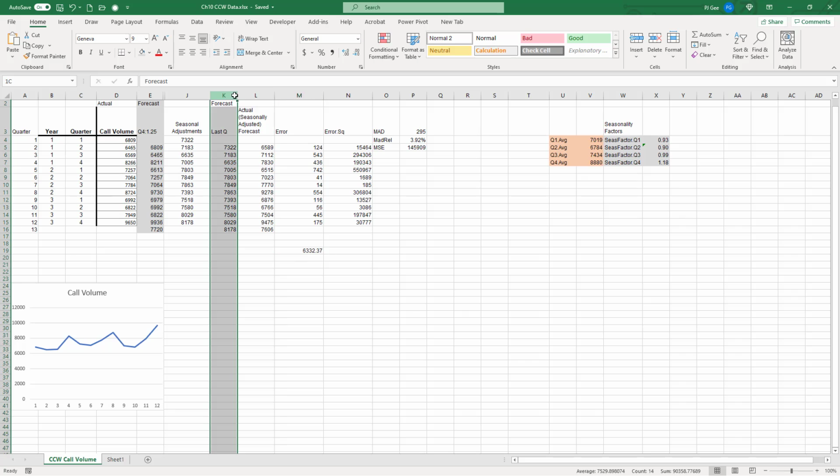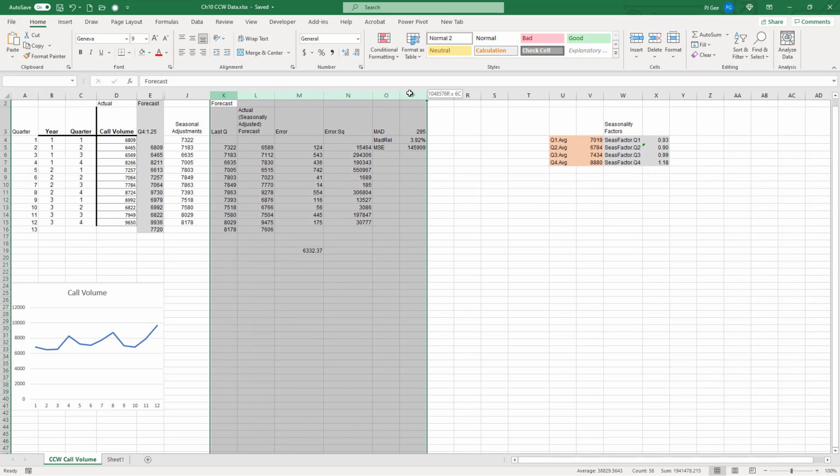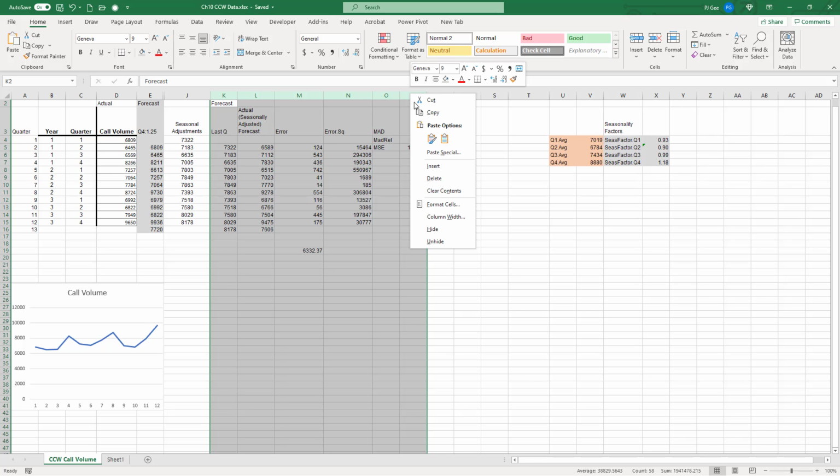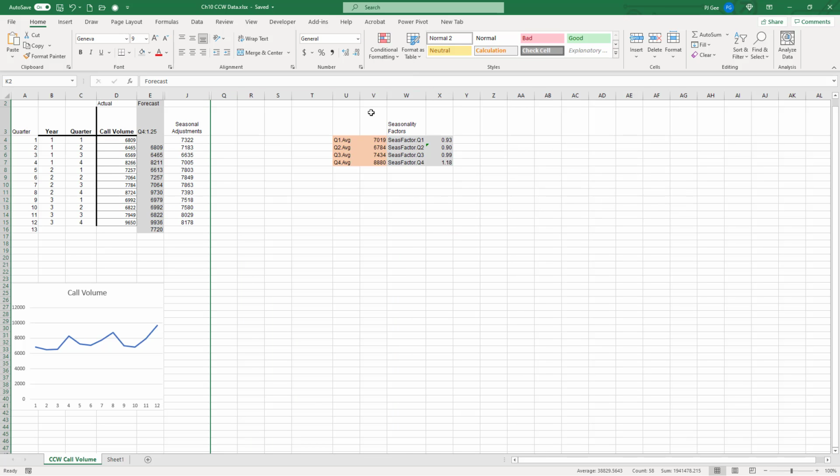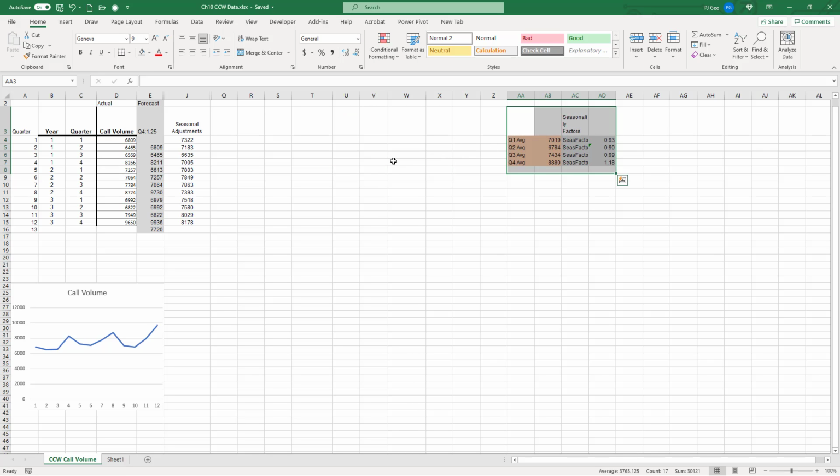So what we can do is hide all this. We're going to save it by just hiding it, put it out of the way here, and I'll probably have to move these over a little bit. All right, give myself a little room as I'm progressing here. Okay, so the forecast, the seasonal adjustments here.